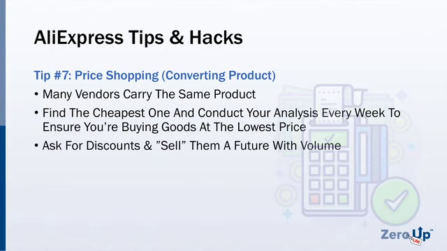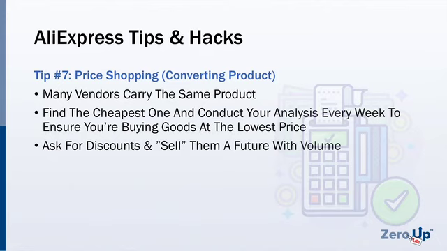Also, at the same time, if you're finding a converting product, here's something else that you can do. You can ask for a discount from your existing vendor and sell them a future with volume. Every single vendor on AliExpress loves volume because they know that they can make more money off of you.